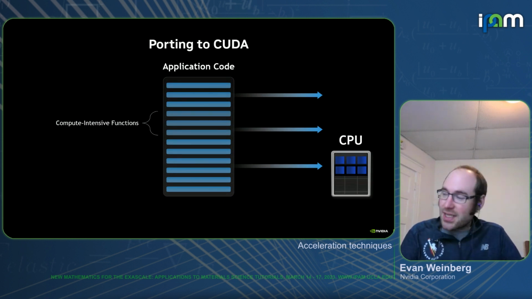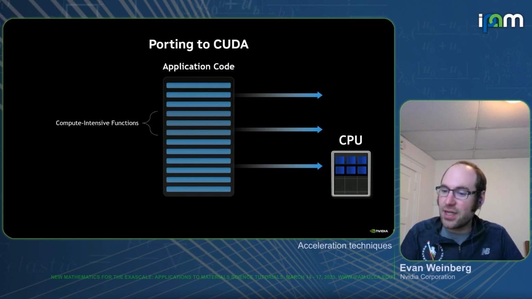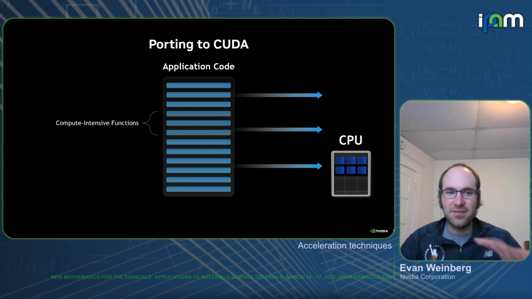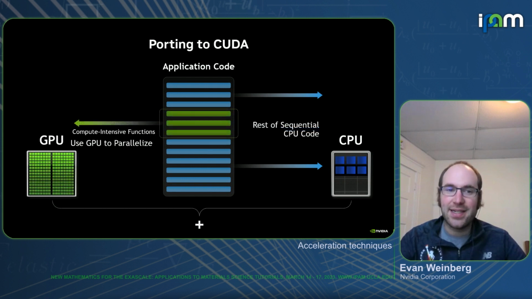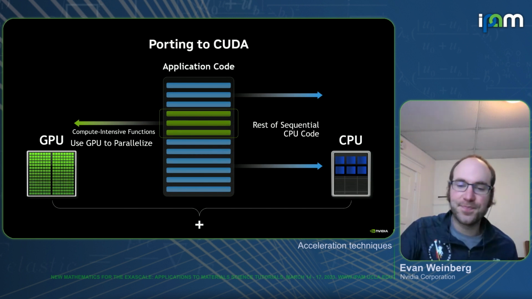But historically, this is kind of what the porting process looked like. You had some application code running fully on the CPU, and you wanted to go faster. So you kind of windowed out this little bit of very compute-intensive functionality, and you said, I'm going to get this on the GPU, and the stuff that's hard to parallelize, hard to run concurrently on accelerated hardware like a GPU, we'll keep it on the CPU as long as that matters.